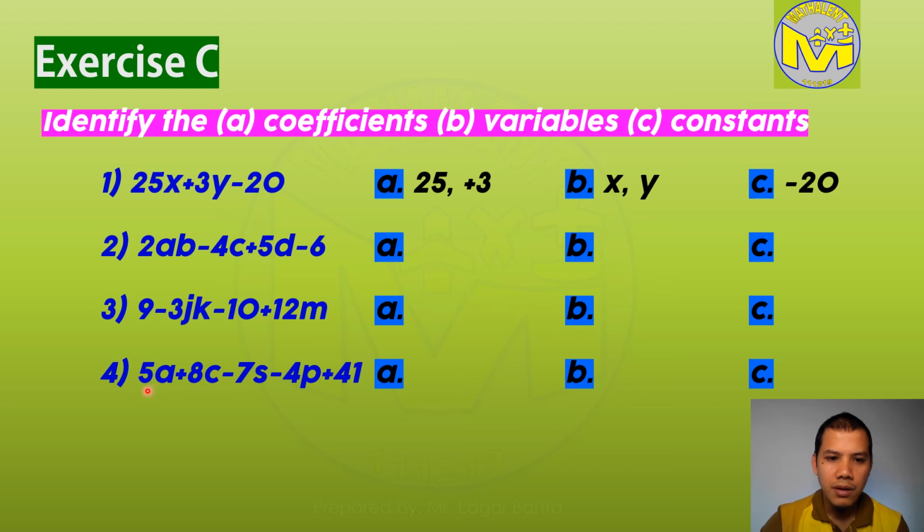So, let's identify each one of them. First, in the first term, let's identify what is 5. 5 is a coefficient, so put 5 here.